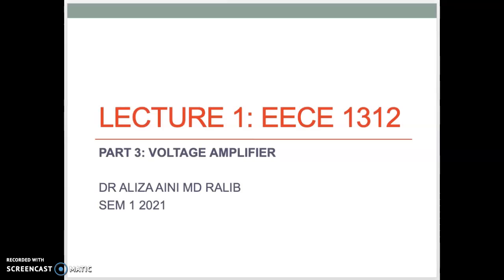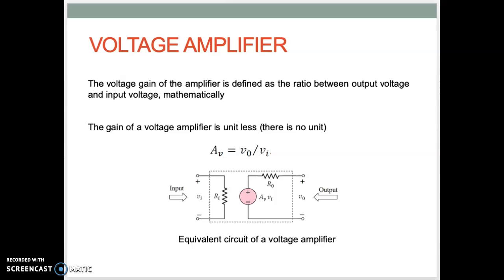So now let's continue part 3 of chapter 1, voltage amplifier. What is a voltage amplifier? Your input is in voltage, so this will be the sine wave, and your output will be enlarged only in terms of amplitude. Let's say your input is in millivolts, your output will be in volts.